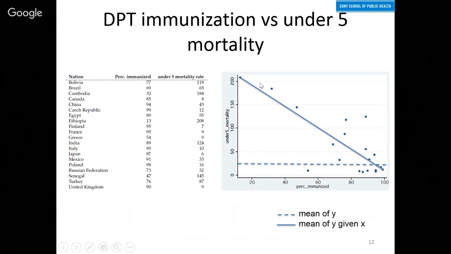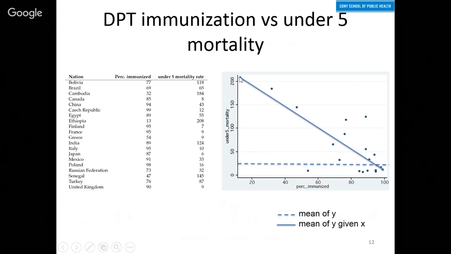And in one more example here, what I'm talking about, this variability in Y given variability in X, is drawn out a little bit more in this plot of diphtheria, polio, and tetanus immunization versus under 5 mortality in about 20 different countries.